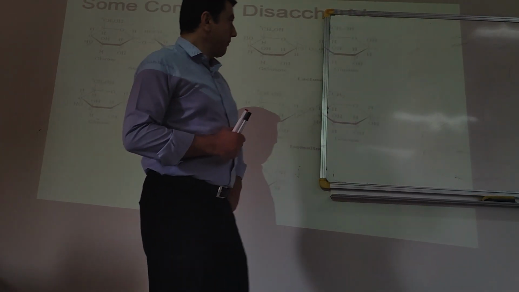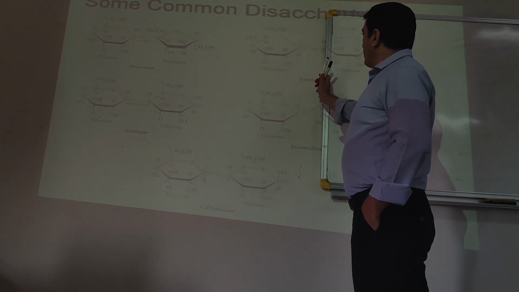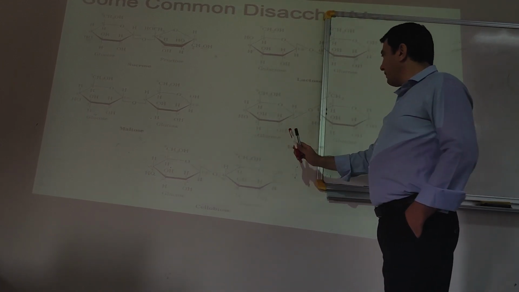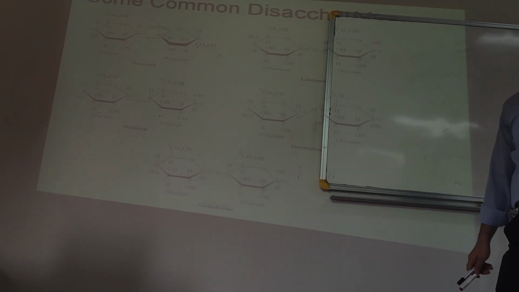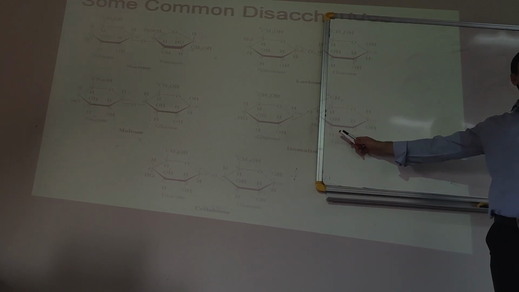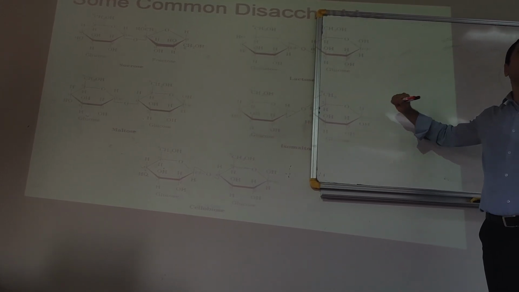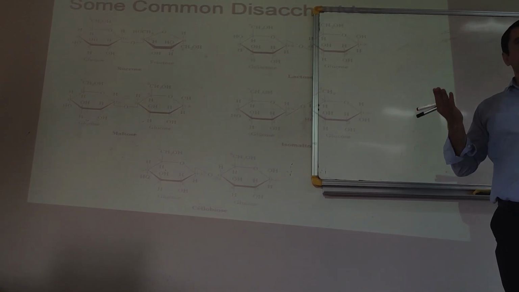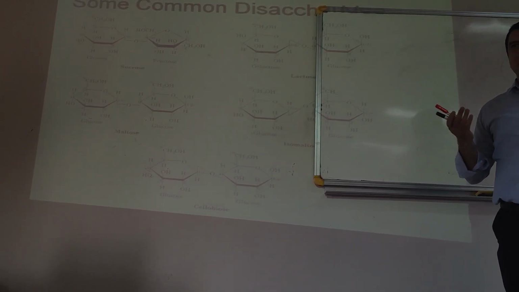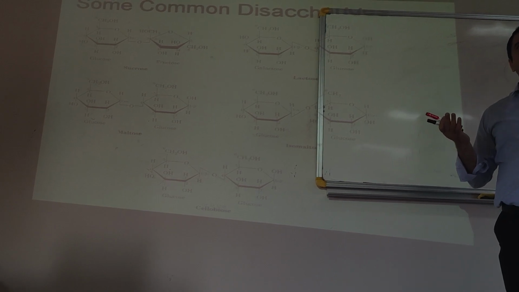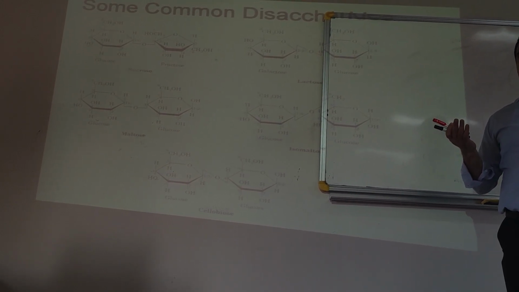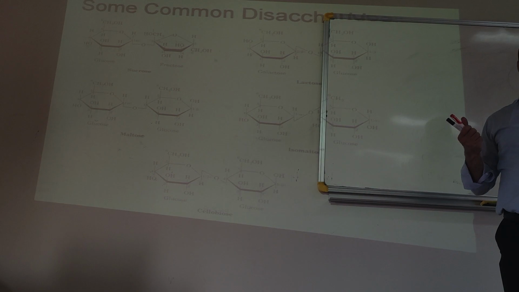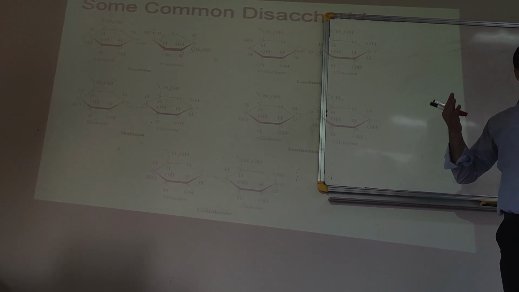But another example: sucrose, lactose, maltose. What about isomaltose? Isomaltose is produced from starch.